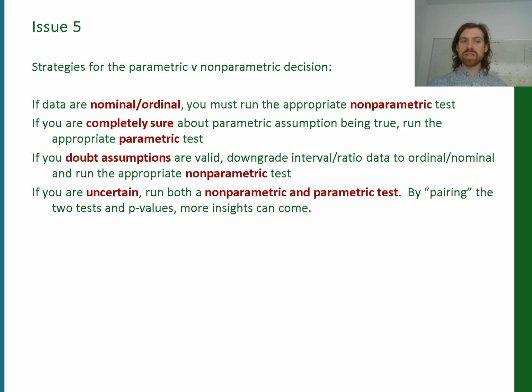There's a variety of different strategies for how you select these. So here are some rules which you can follow. As I already said, if your data are nominal or ordinal, then you have to run an appropriate non-parametric test. You can test the distribution of a quantitative variable, for example, to see if it's normally distributed or if it's significantly different from that.